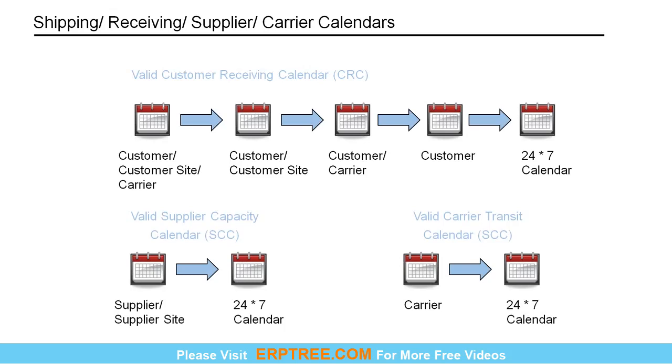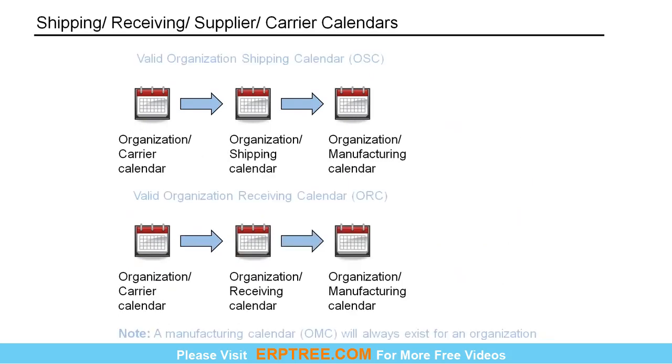The first priority will go to the customer site and carrier, then the customer site, then customer carrier, then customer, then the 24/7 calendar. Got it, that is the priority. So the supplier site, 24/7, all these calendars are shown here.